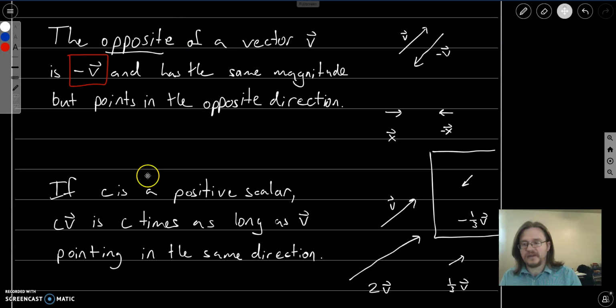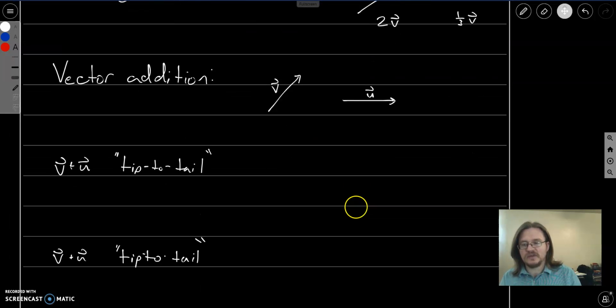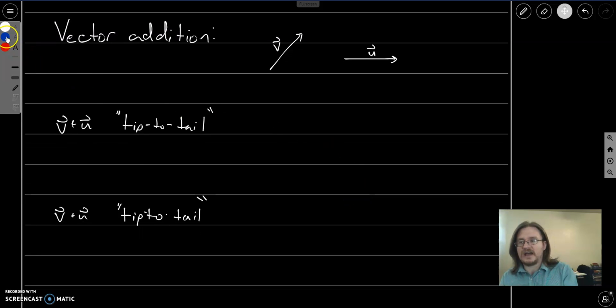So if we can multiply vectors by numbers, the next step is going to be vector addition. And vector addition is going to be the main theme of this section. So we've seen how to draw a few vectors, see if vectors are the same, but also vector addition.